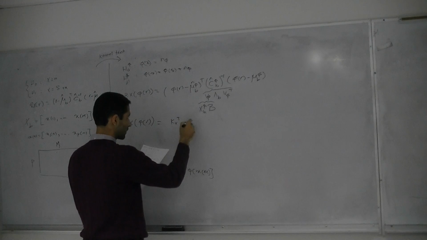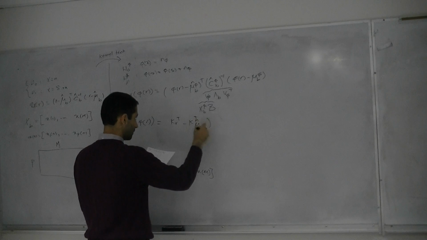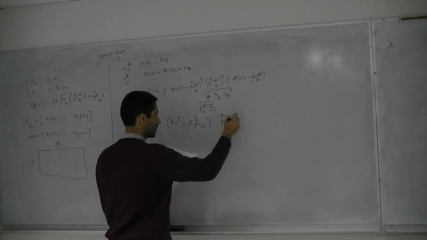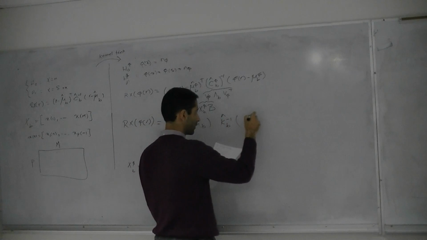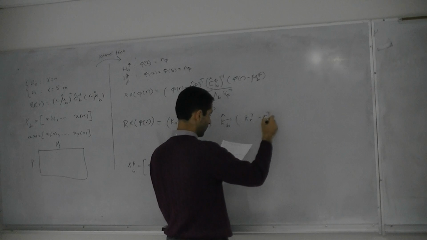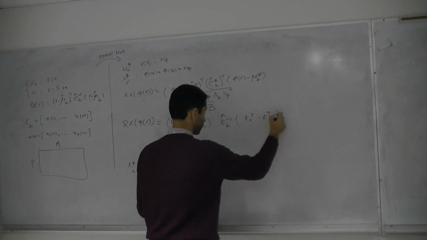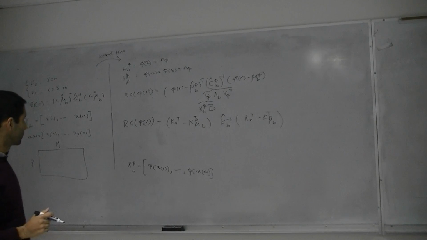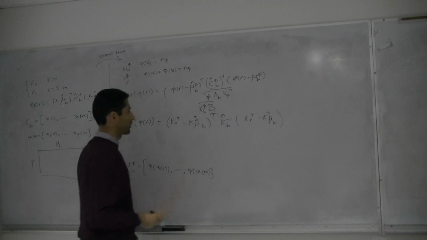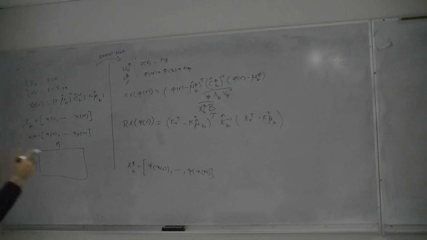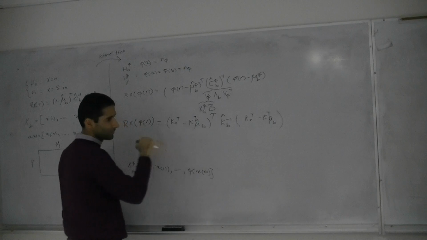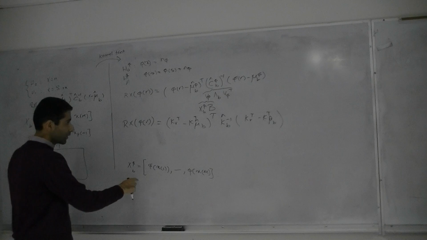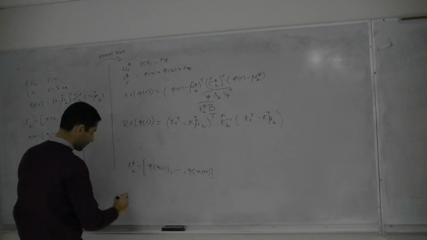KRT minus K mu BT, KB minus 1 at KRT minus KT mu B. We calculate this value and this value, and from the original data we try to find the k between k.